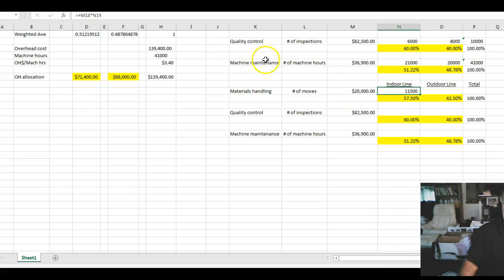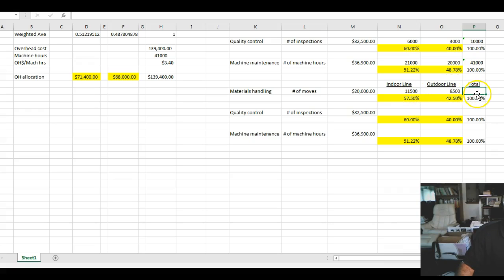And the constant in that formula is the $20,000 amount, so I want to make that a constant so I can copy it easily, and I want to copy it over to the outdoor line, and we want to make sure that this total verifies that our two calculations are correct.